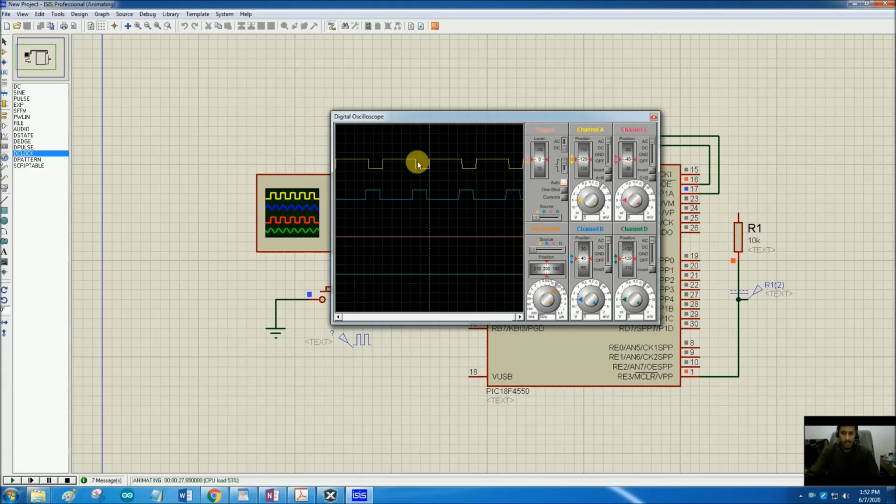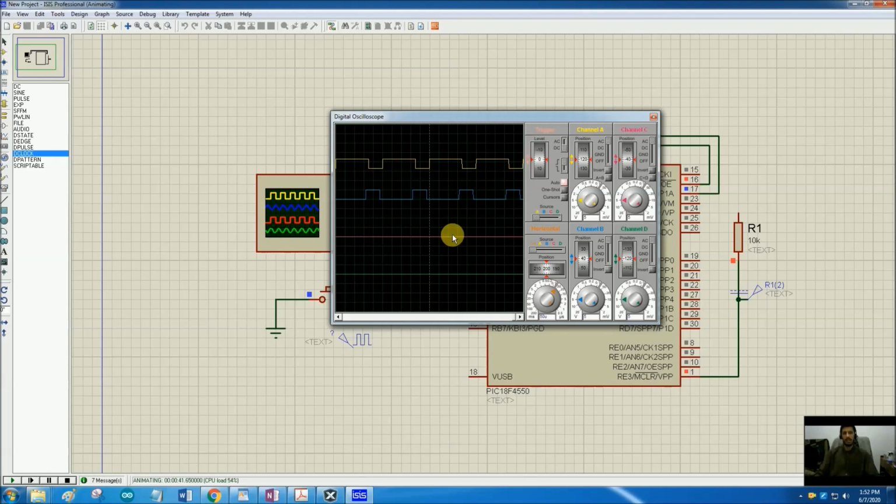The total time period for this waveform is 75 plus 175, which is 250 microseconds. And conversely, the waveform in blue is remaining on for 75 microseconds and off for 175 microseconds.